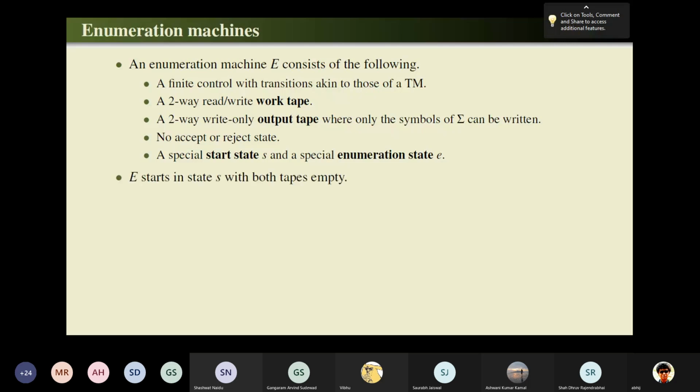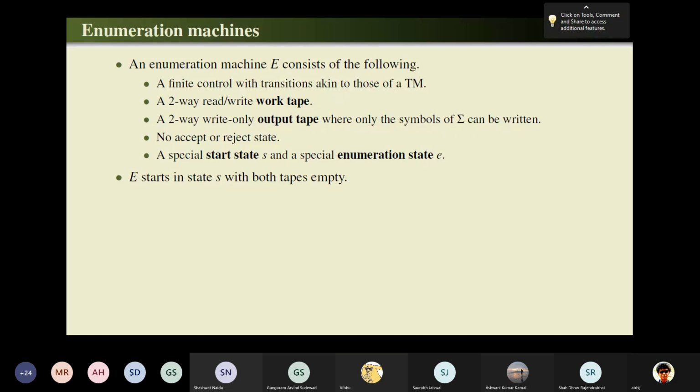So let's make it more formal. It starts normally in state S, with both the tapes empty, and then it follows the standard transition procedure, where only the symbols written in the work tape are considered for its transition, because the output tape is write only.